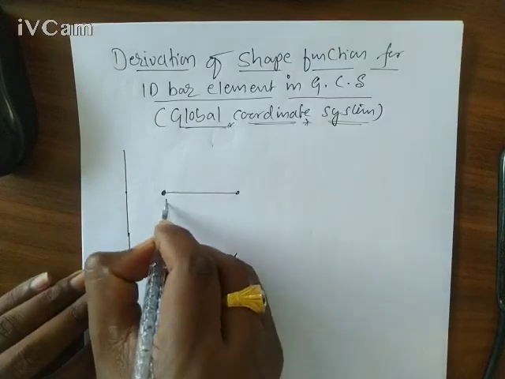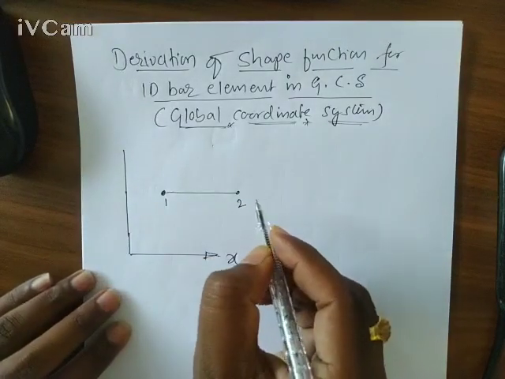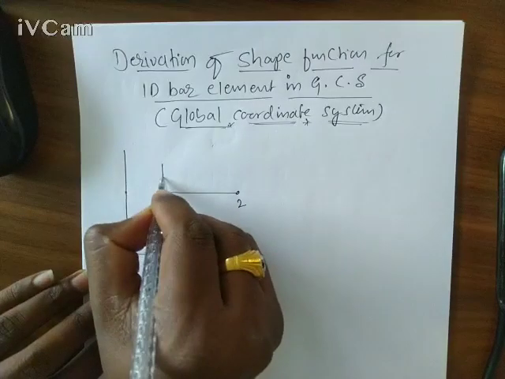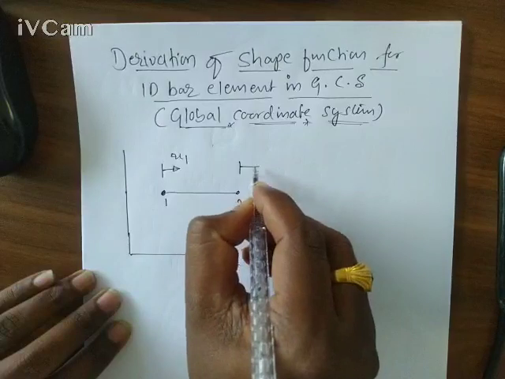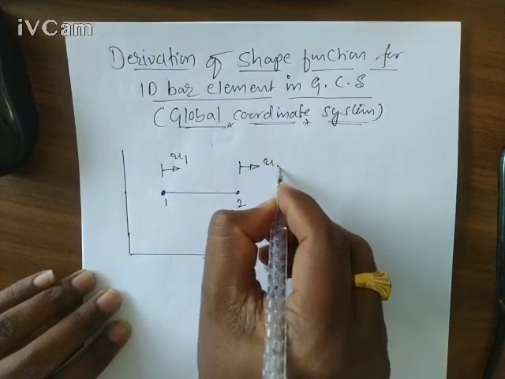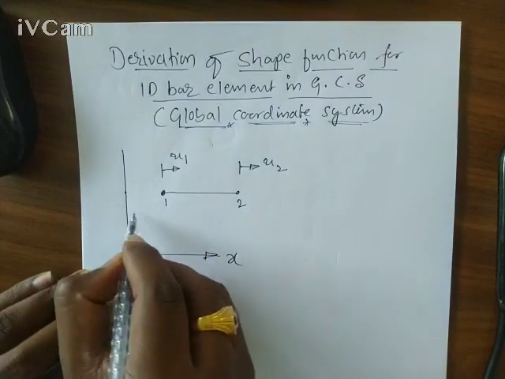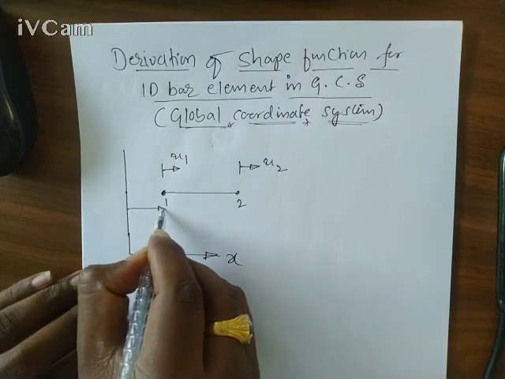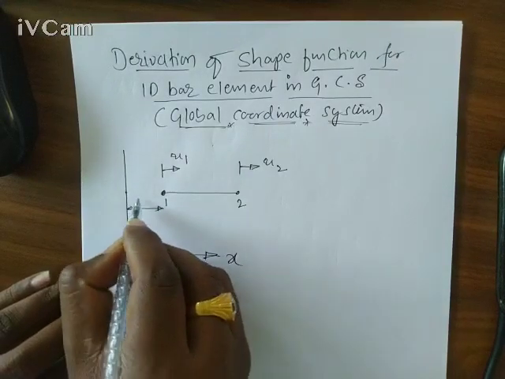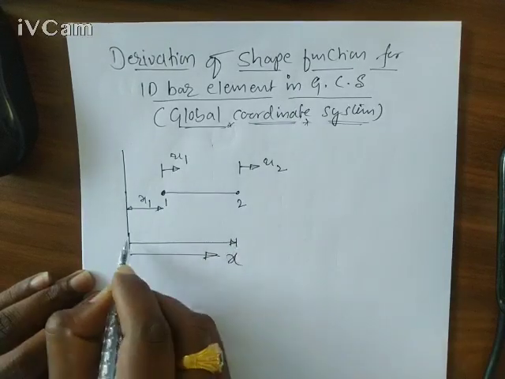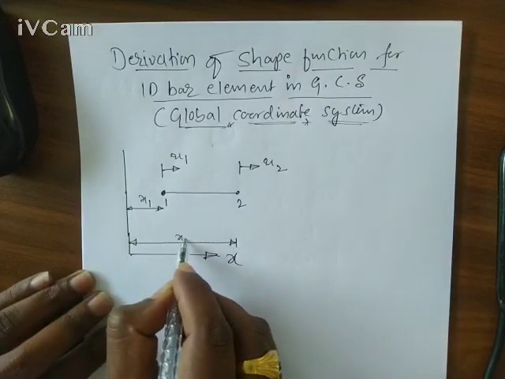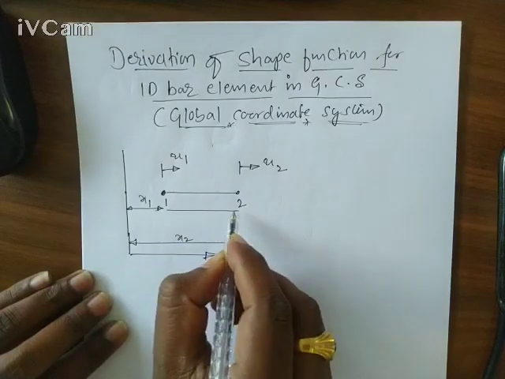So if this is node 1 and this is node 2, at node 1 the displacement will be u1 and at node 2 the displacement will be u2. Suppose I assume this distance from the reference axis as x1 and this distance as x2, then what is this distance?